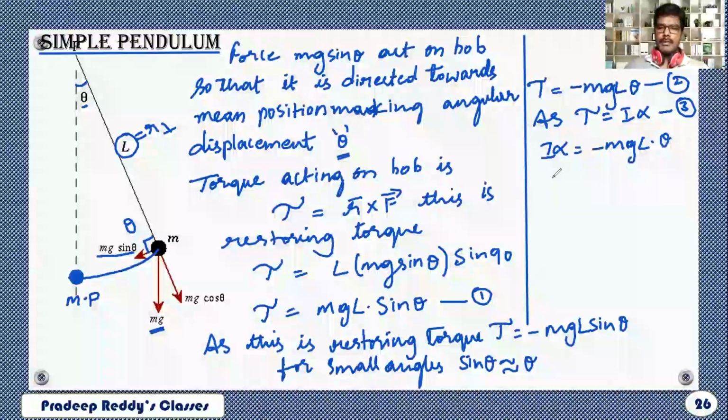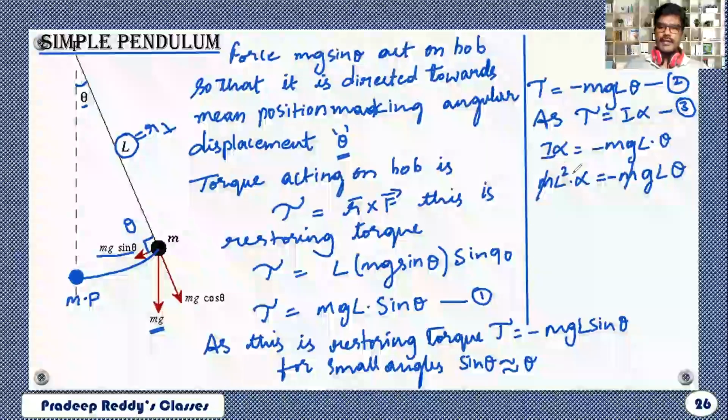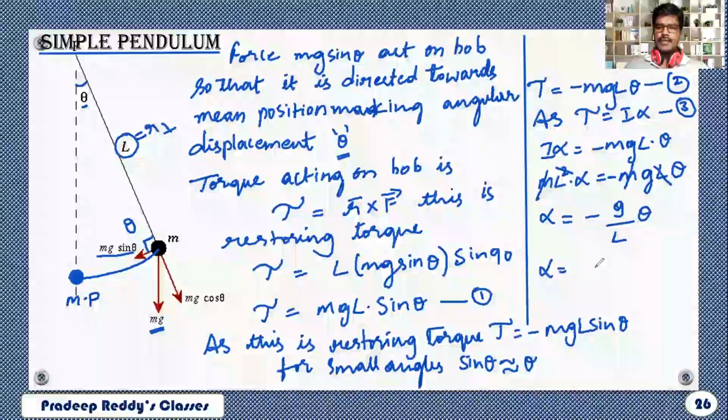Moment of inertia is equal to mr square, that is ml square into alpha is equal to minus mgl into theta. m and m get cancelled, and this L and this L get cancelled. So alpha will be equal to minus g divided by L into theta, and this can be written as alpha is equal to minus omega square into theta. This is equation number 4.